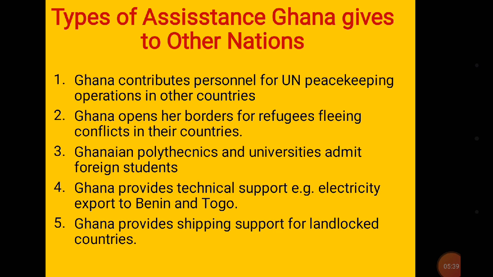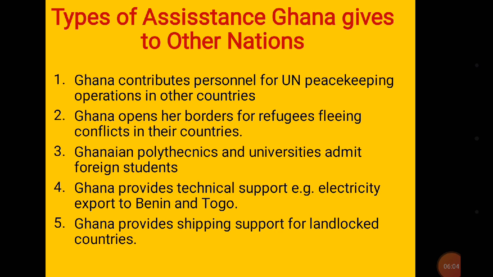And so, such countries like Burkina Faso, that are on the northern parts of Ghana and are landlocked, benefit a lot from Ghana because through the Ghana ports, they transact the business of export and import.